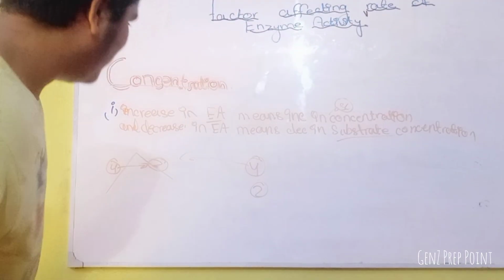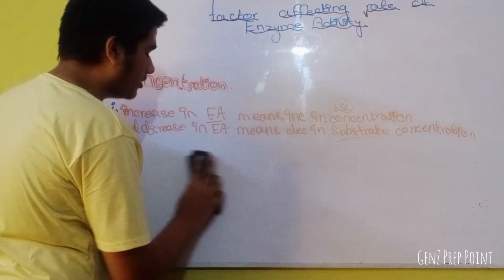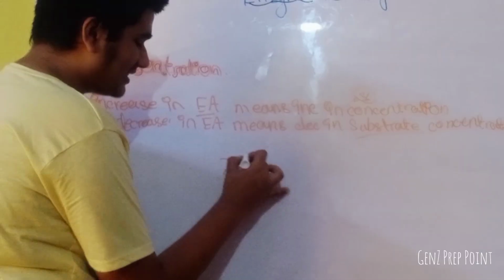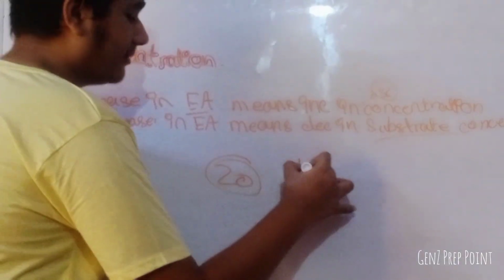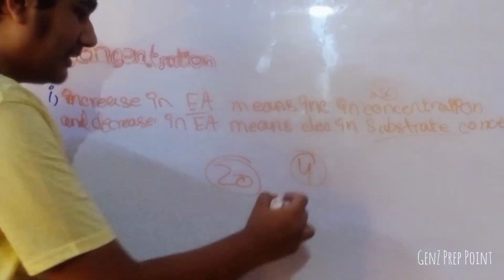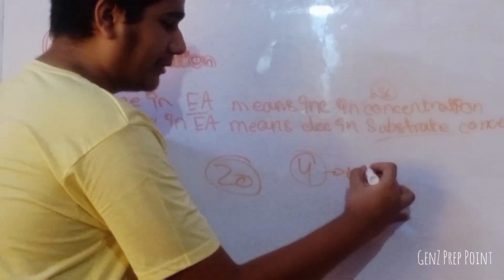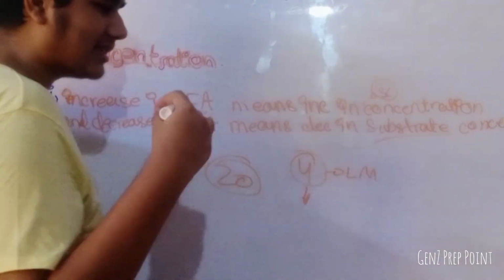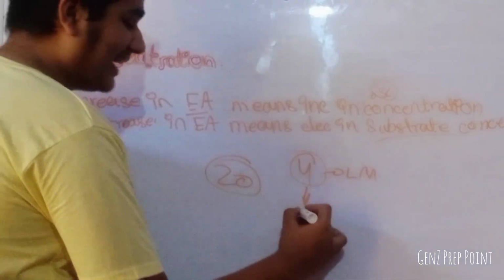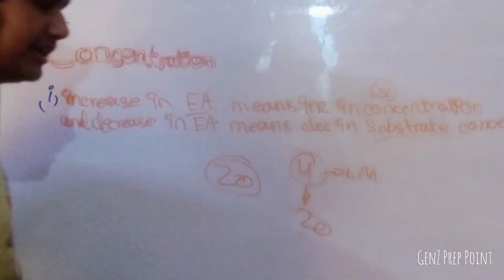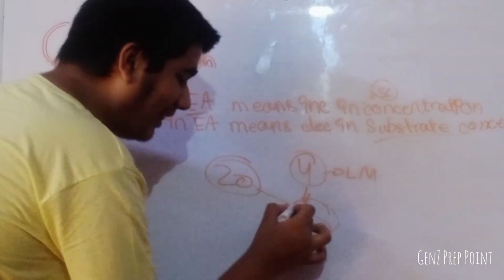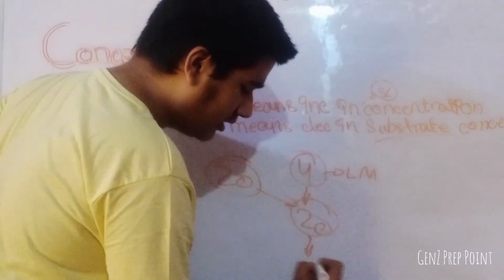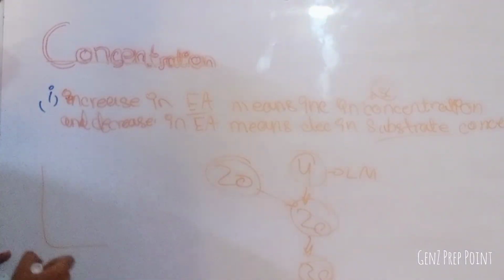If you want to say, there is one more situation also. Just suppose there are 20 enzymes. You ate 4 lipid molecules. Now you give a sudden increase. You eat such an oily fry that has 20 lipid molecules. So now all the enzymes are working. You eat another 20. Let's make a graph.